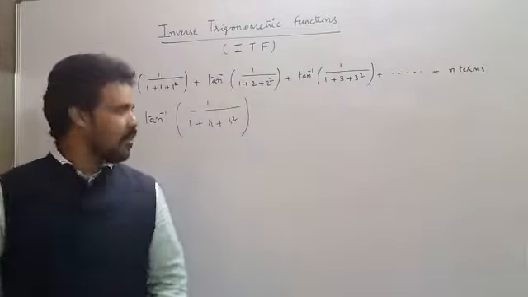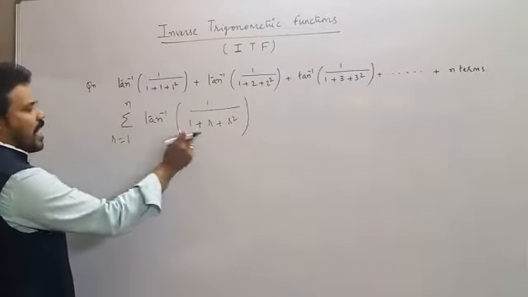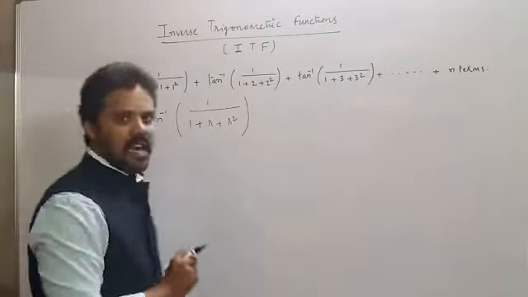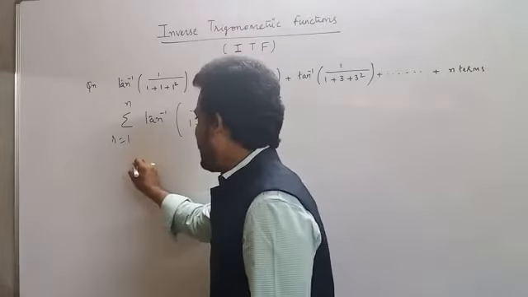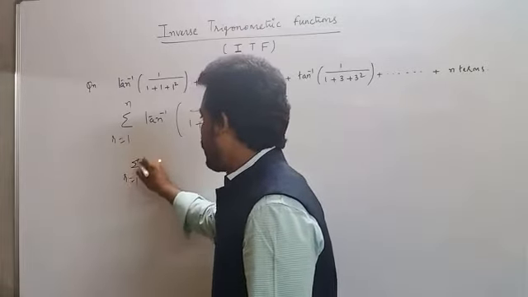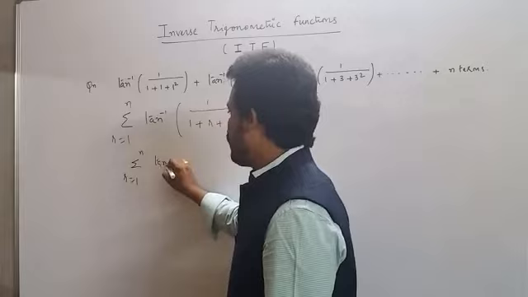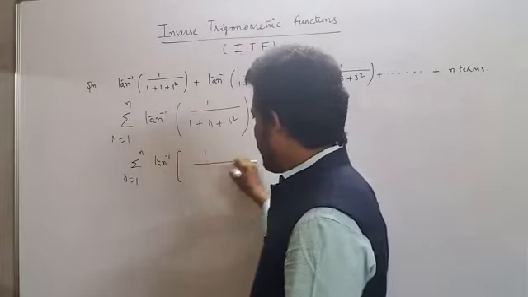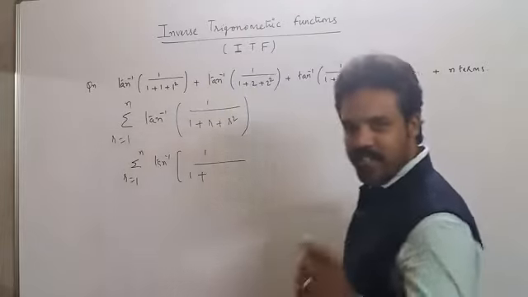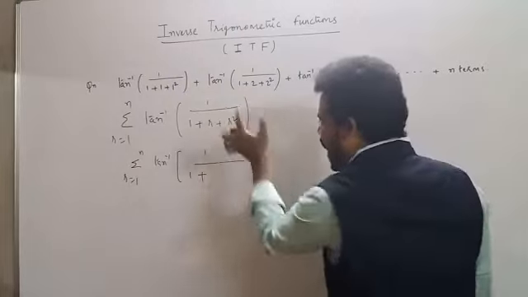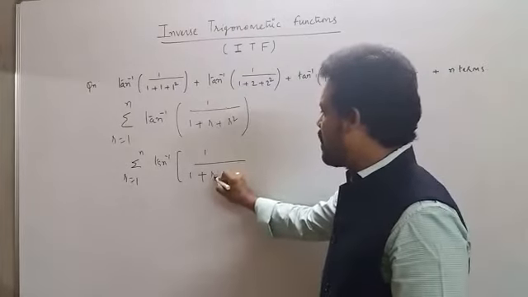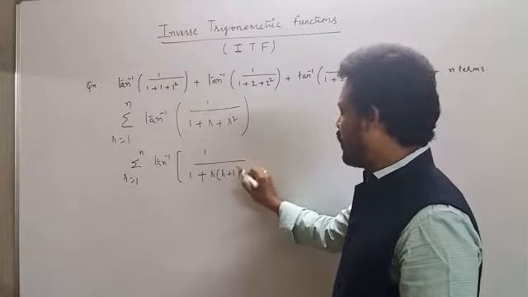Now here, tan inverse of 1 by 1 plus r square is there. I write this as r running from 1 to n, tan inverse of, listen, 1 plus is there. Since 1 plus is there, I write 1 plus r square as 1 plus r into r plus 1.